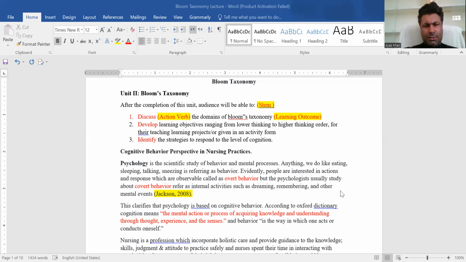As a clinical instructor or a clinical practitioner, you must understand what is cognitive process, cognitive domain, metacognition, learning, and what is the difference between objective, goals, learning outcome, and outlines.